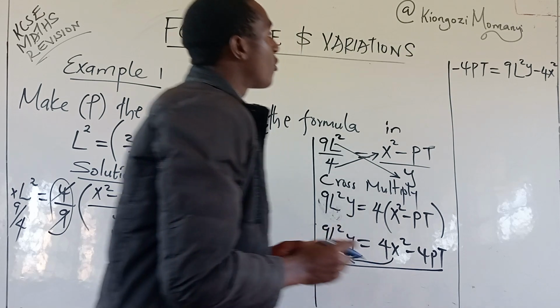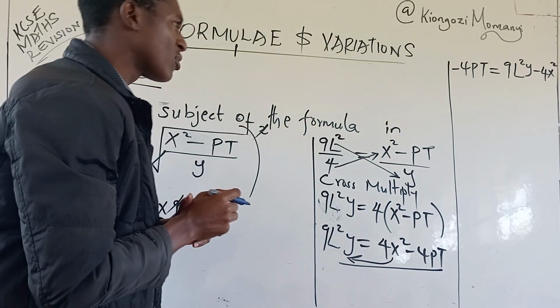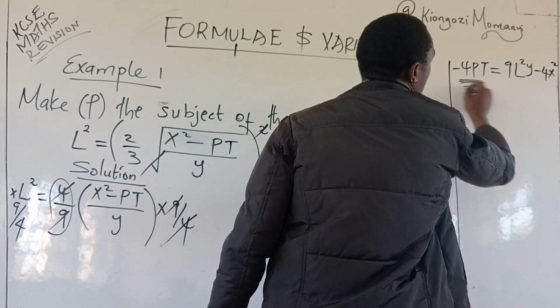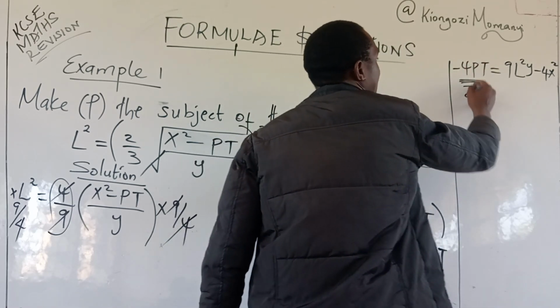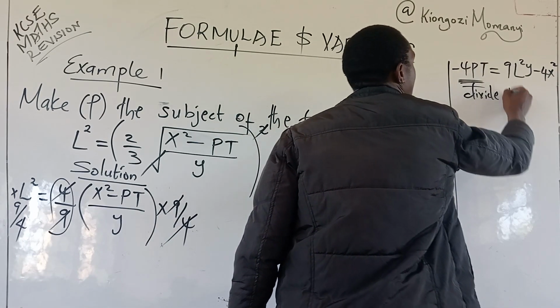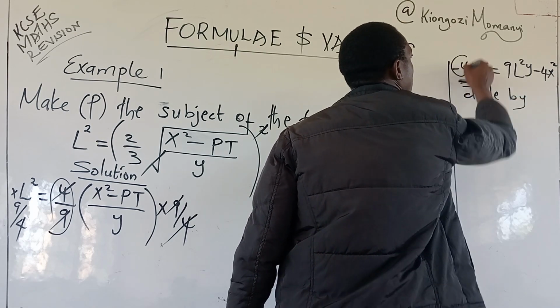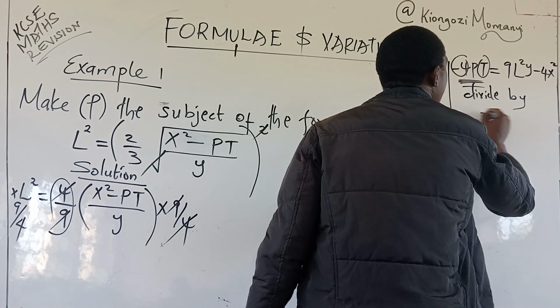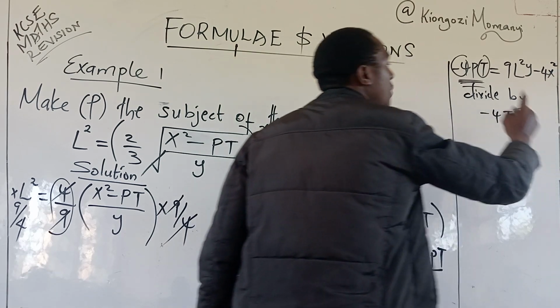So at that point, we are almost done, but we have to look at a few issues. We want p. So we can divide by negative 4 and t so that we can remain with p only. So we shall divide by negative 4t on both sides.